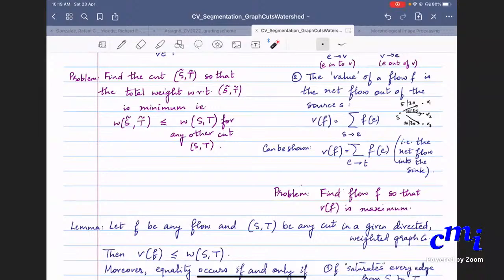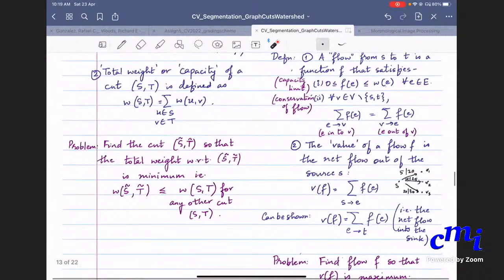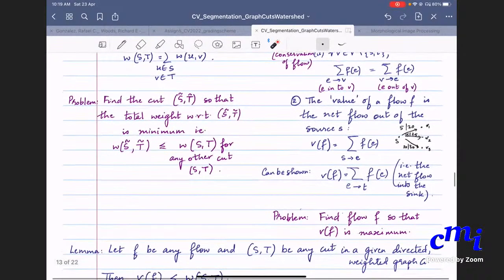And then the problem of maximizing flow is to find a flow such that V of F is maximum, which means you find an assignment of this function F to the edges so that this flow becomes maximum.